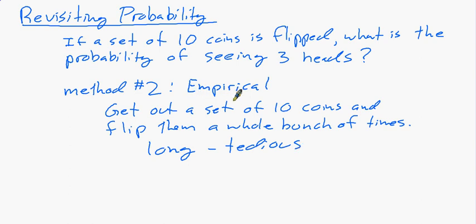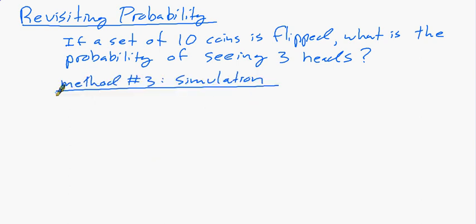But if it was a more complicated situation and we couldn't actually create a theoretical model, we might have to do this. Or we could do method number 3, which we're going to talk about now, simulation, in which we create a simulation of it using some kind of random number generator, and we do it a whole bunch of times, so it's like empirical, only we don't actually have physical coins, it's simulated coins.